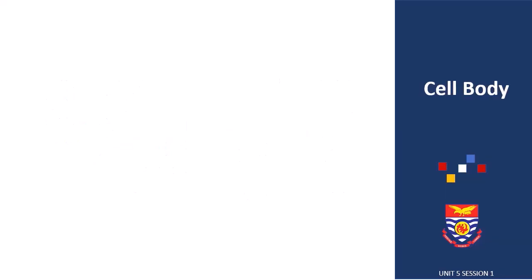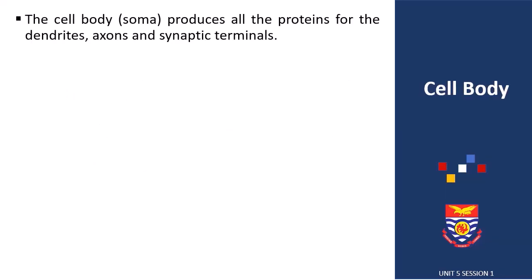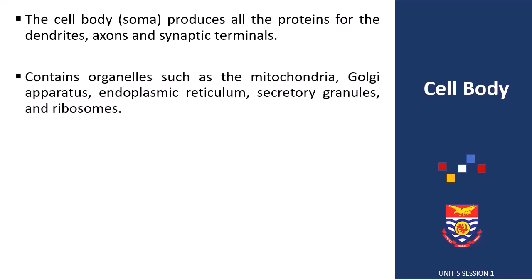The cell body of a nerve cell produces all the proteins for the dendrites, axons, and the synaptic terminals, and it also contains organelles which include mitochondria, Golgi apparatus, endoplasmic reticulum, secretory granules, and ribosomes. This helps to provide energy and synthesize various products that are required for cellular function.